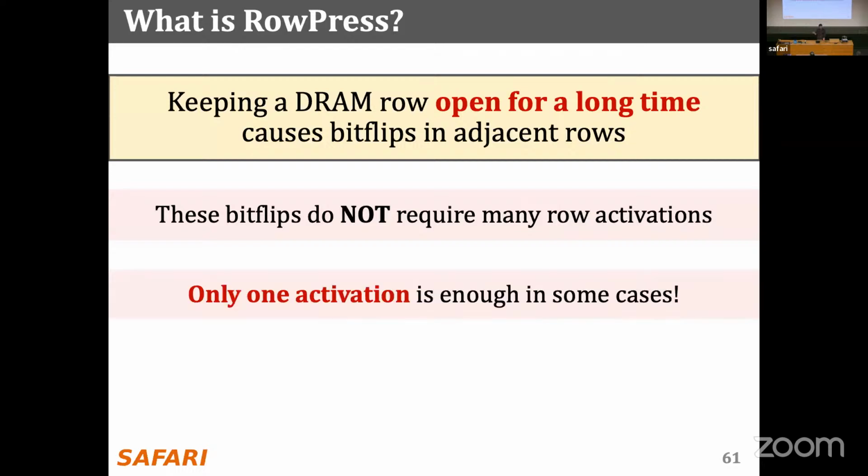In extreme cases, we find that if you activate the row only once and you keep it open, yeah, please. How long is too long? So yeah, that's what I'm going to talk about next. Yeah, thank you. That's a very good question. So yeah, in extreme cases, we show that if you open a row just once and keep it open long enough, you can induce bitflips.